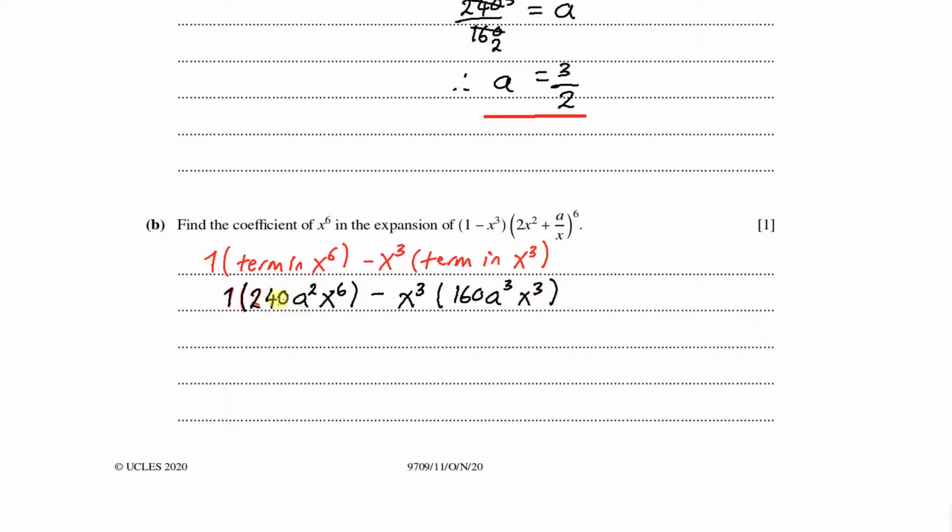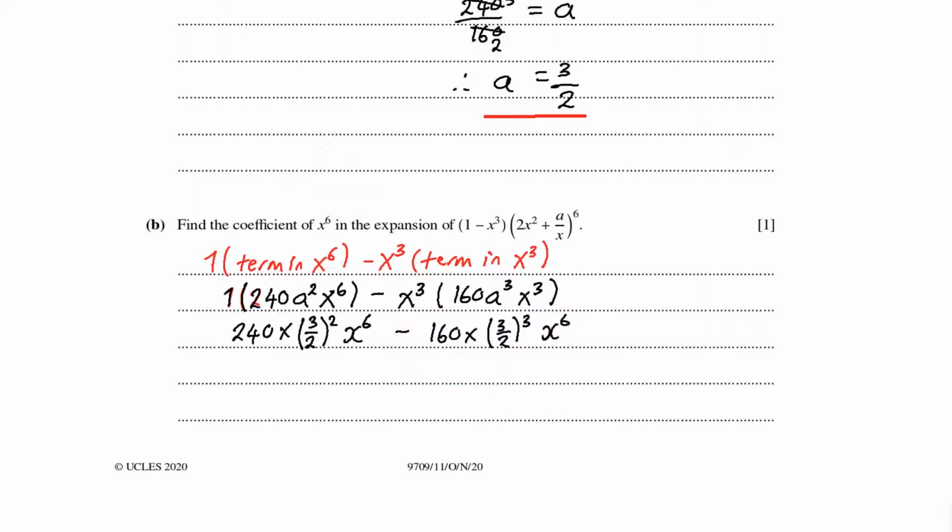So we can simplify this. So on the left side, we have 240 here, 1 times 240, and that's times a squared. A is 3 over 2, so that will be 3 over 2 squared, and that's x to the power of 6. That's minus, and here we're going to have 160, and then that's times a cubed, which is 3 over 2 cubed, and x cubed times x cubed, that's going to give us x to the power of 6.